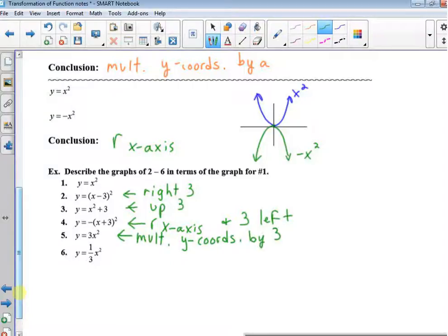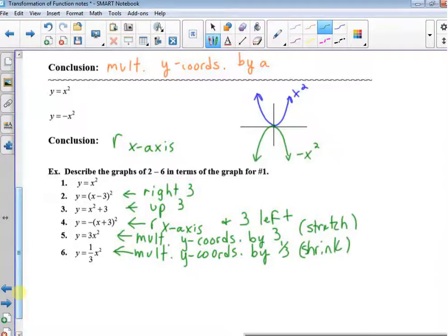It is not a dilation, and this one is multiply the y coordinates by 1/3. This one was a stretch, shrink. Next page.